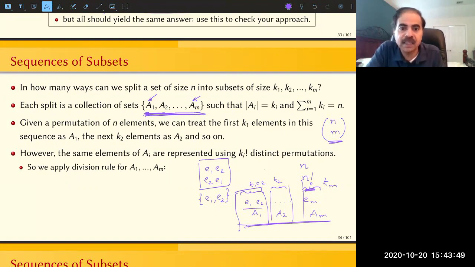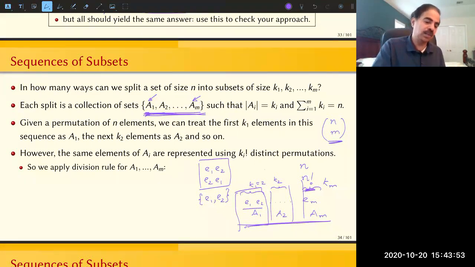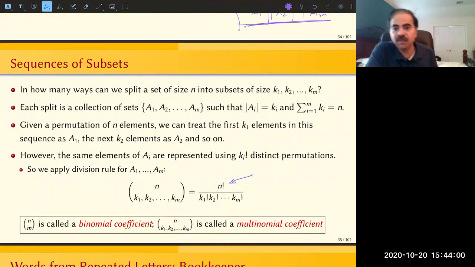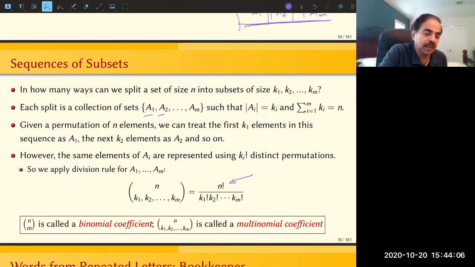So we have to apply the division rule to eliminate the duplicates. And when we do that, we end up with this formula which says that I'm going to start with all of the permutations of the original set. And then I'm going to read off the first k1 elements as A1, the next k2 as A2, and so on.